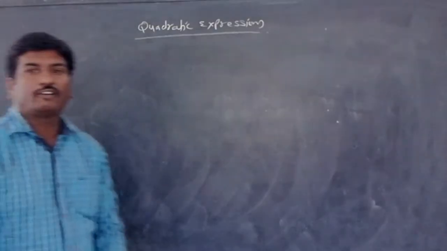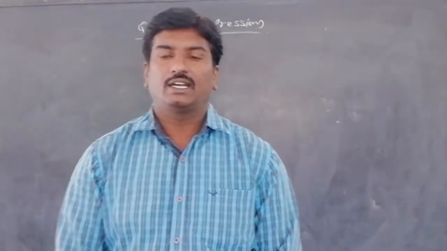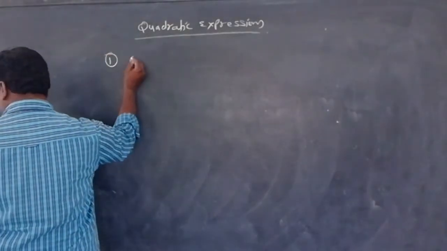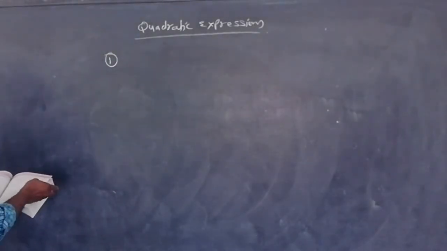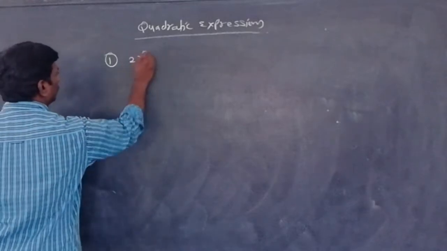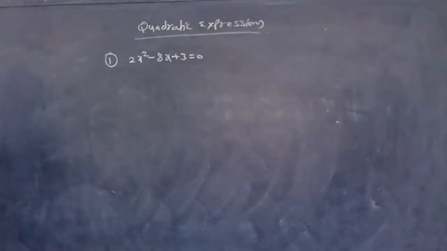Now, find the nature of the roots of a quadratic equation. Let me see one problem: 2x² − 8x + 3 = 0.